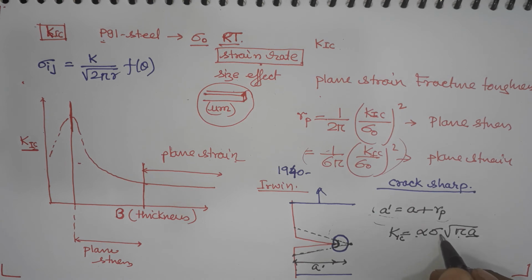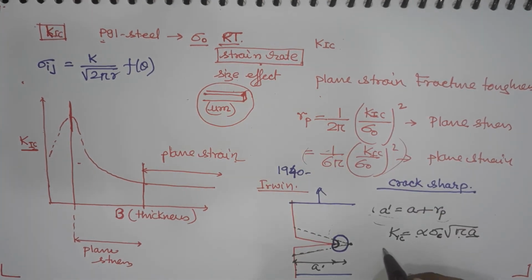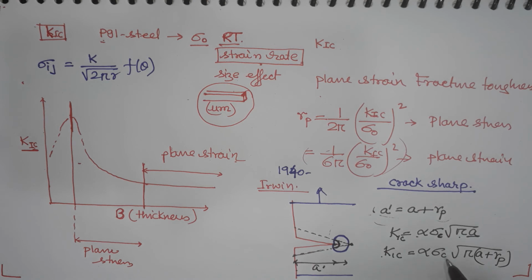So, of course, this sigma will be sigma c at which you define the fracture toughness, and you must have some amount of plastic zone radius also, which you can calculate from this. So, then what you can do is you can say that whatever value you got from this formula is equal to alpha sigma c root over pi a plus Rp. Okay.